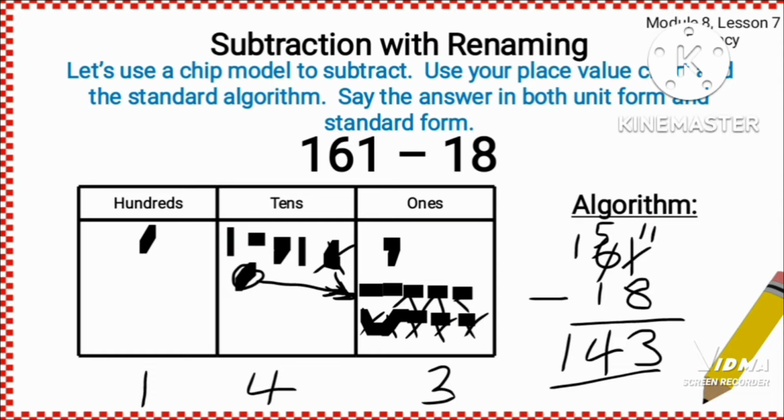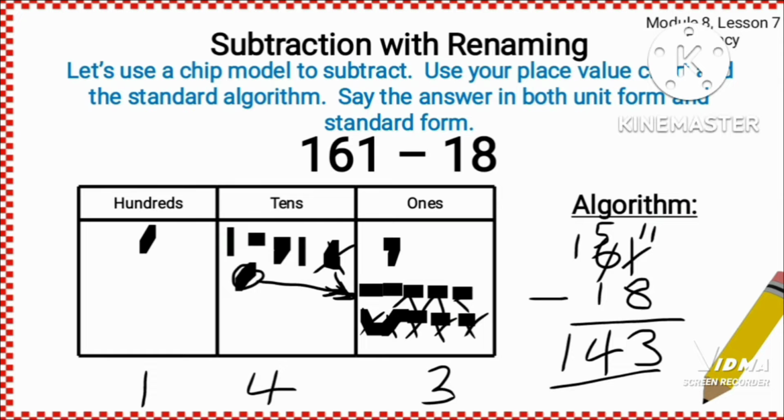All right, so this is 161 minus 18. If you see my chips, I've drawn 161, and then I have to remove 8 ones from 1 one. It's not possible, so I will have to decompose 1 ten for 10 ones.